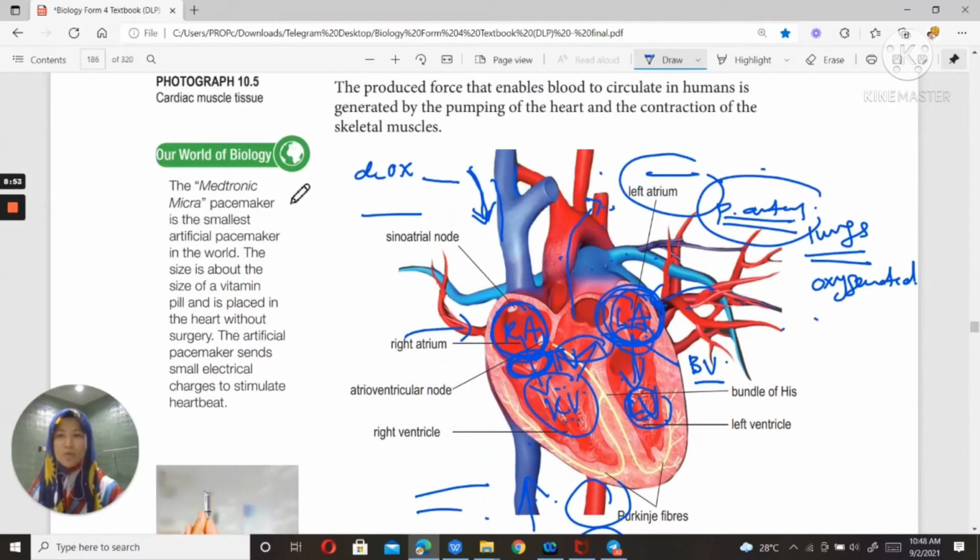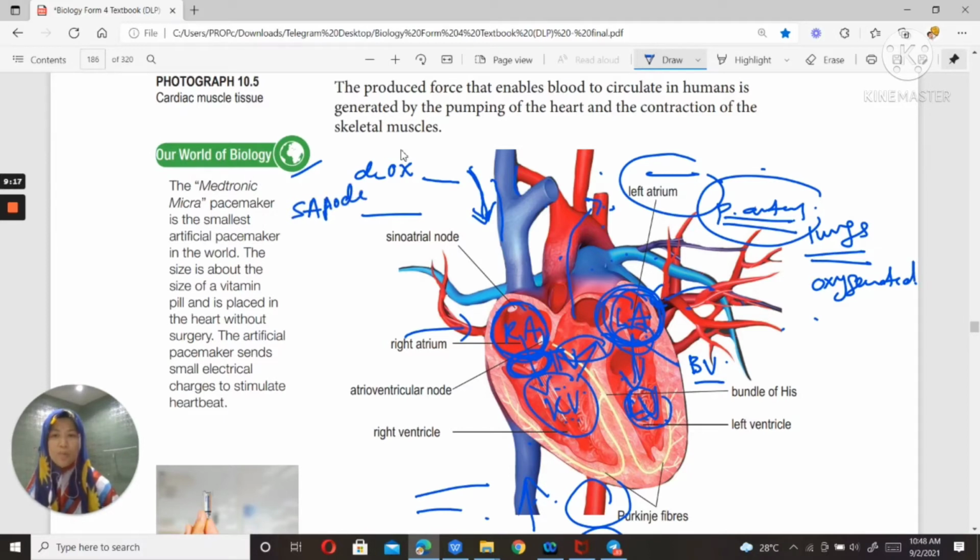So look at this one, our world of biology. Even a simple one awak perlu tahu. Medtronic Micra. Medtronic Micra is actually an artificial pacemaker. The function is just like the SA node.